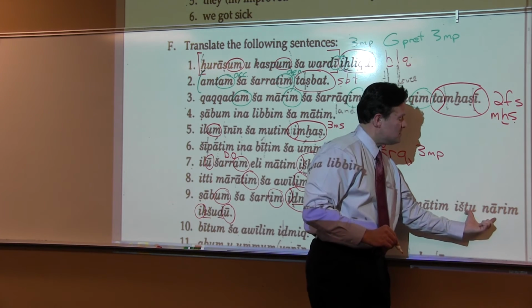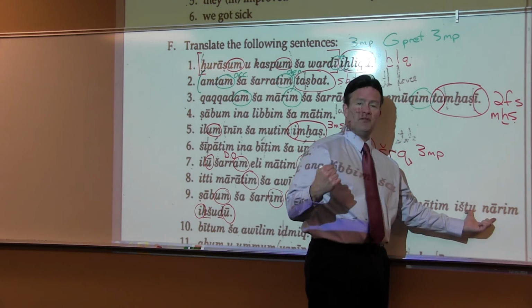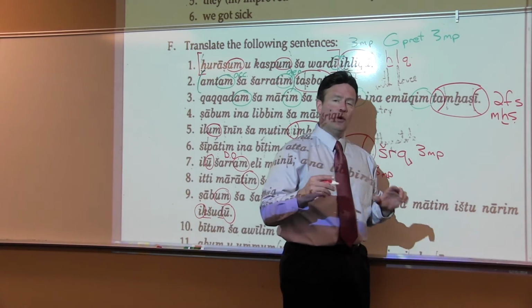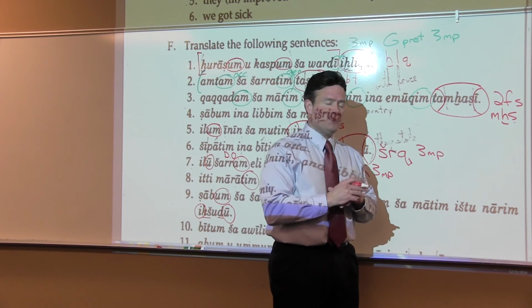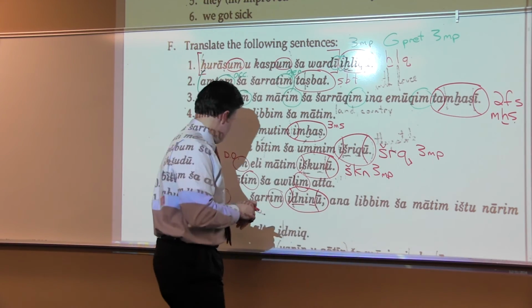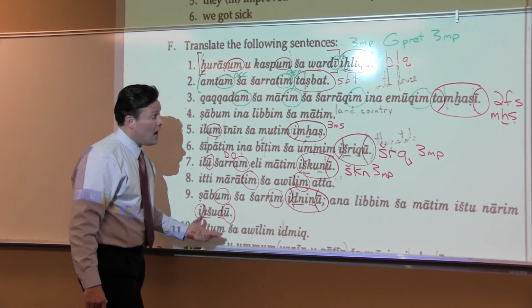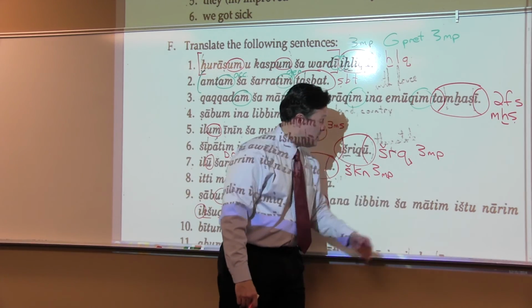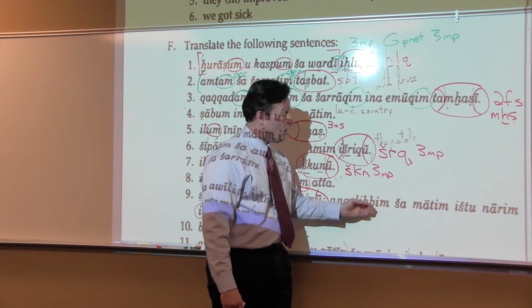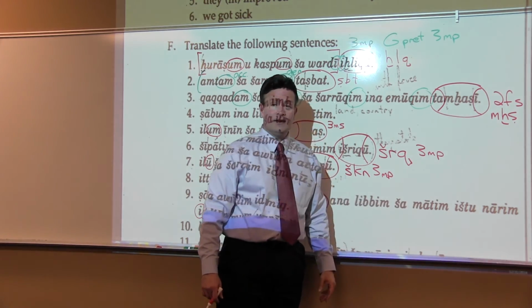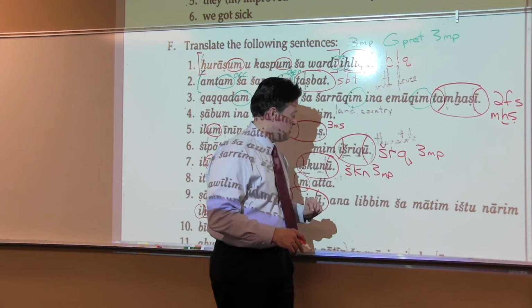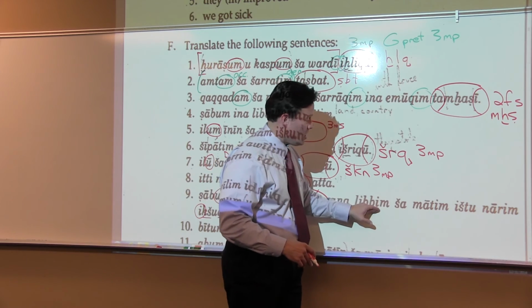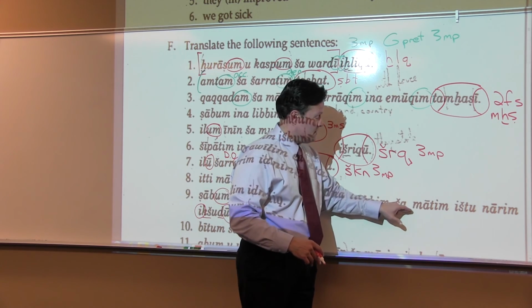So we would have a tendency in English to put from the river first. So the order in Akkadian is often the opposite as we would have it in a smoothed out English translation. They conquered from the river to the heart of the land. So that's the expanse that they conquered. From the river to the heart or center of the land.